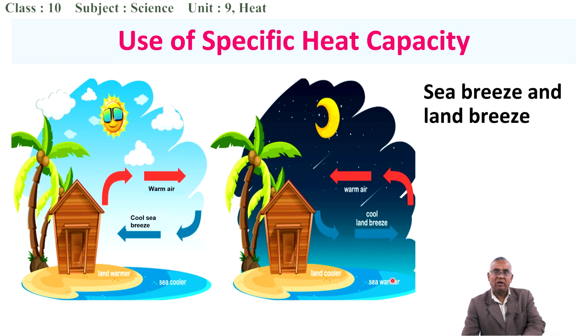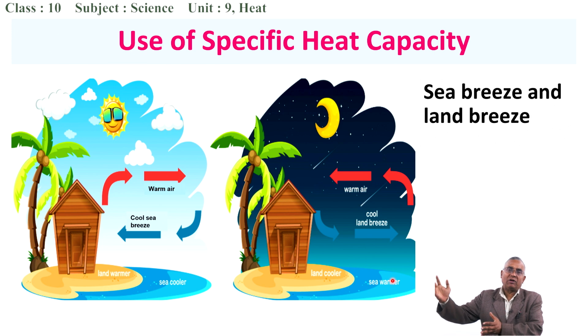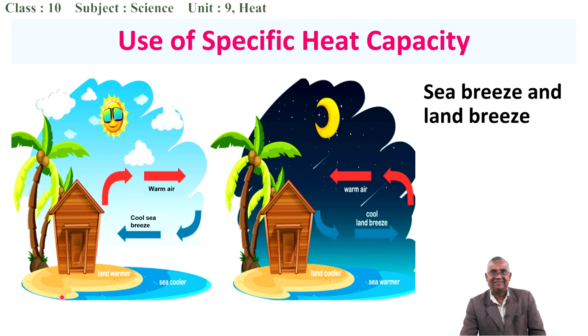It cools slowly, and you know that there is huge amount of water in ocean. So it takes very long time to be cooled. That means it is warmer at night. So this warmth is passed to what? Land. That means in coastal region, the temperature does not fall so down.